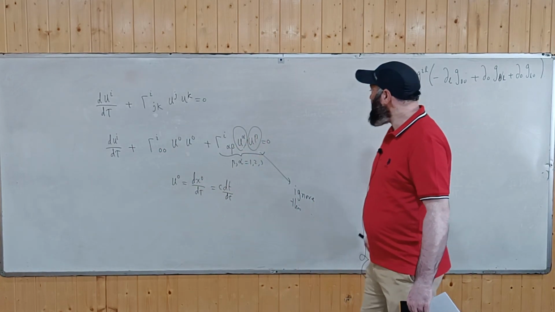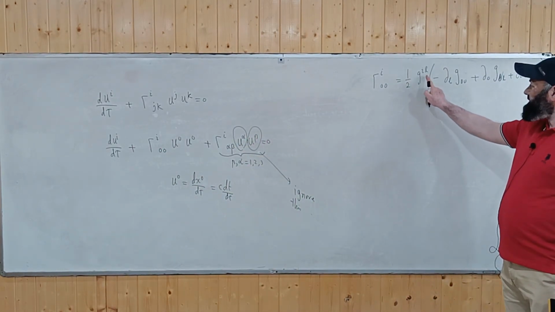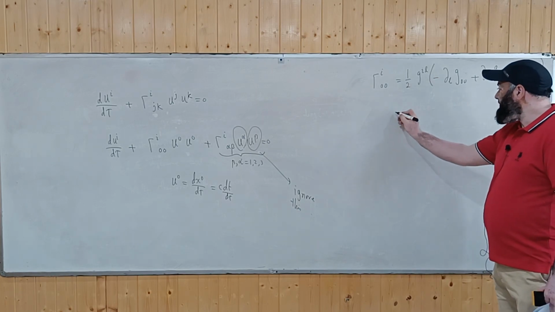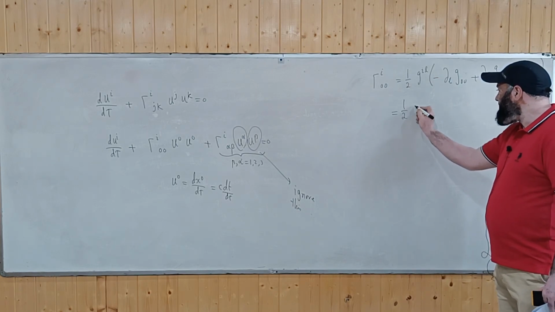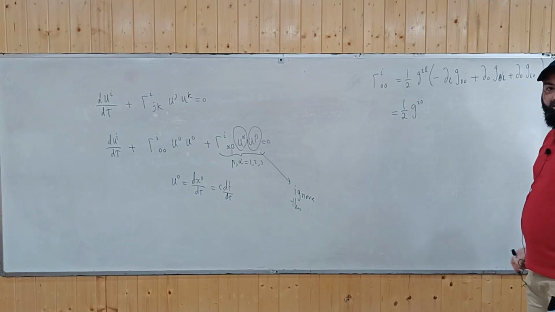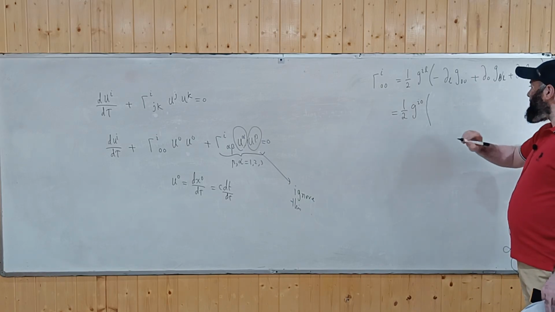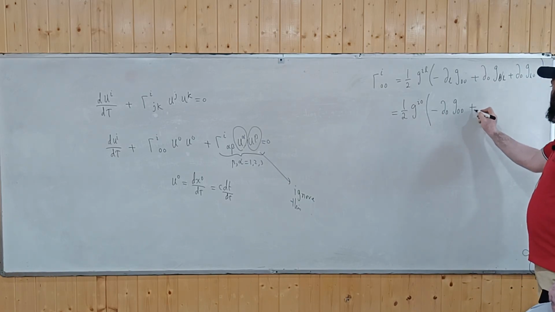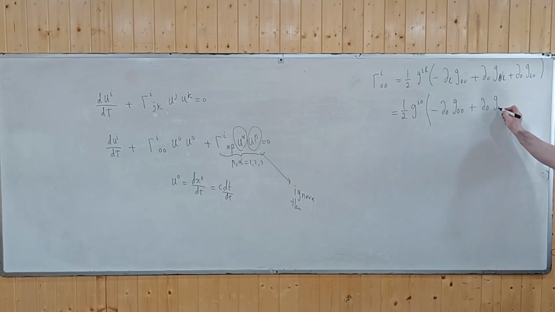Okay. So there is a sum over L. L goes over temporal and spatial indices. So I can write this as half g^i0, then minus ∂_0 g_00 plus ∂_0 g_00 plus ∂_0 g_00.